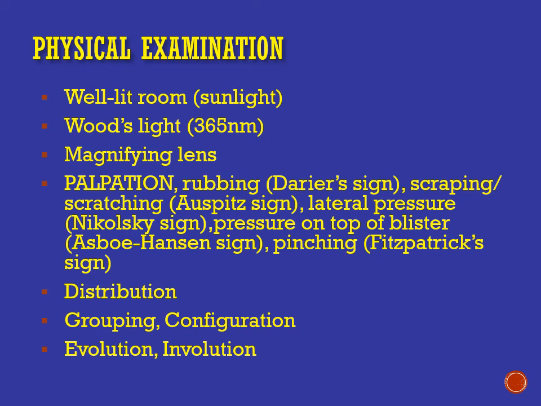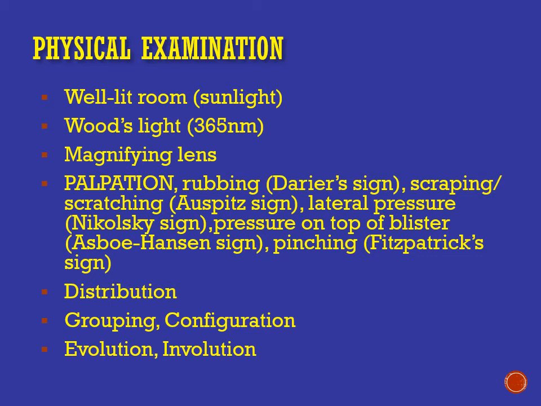So next, we go to the physical examination. We examine our patients in a well-lit room, and the optimal light is usually sunlight. We also use some gadgets like Wood's light to determine certain diagnoses like pigmentary disorders, and infections like fungal and bacterial infections.